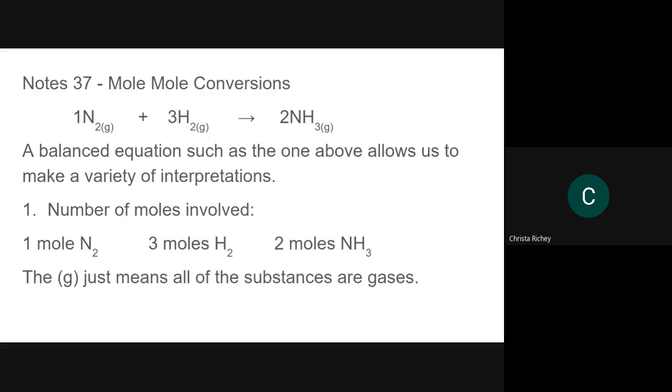But these coefficients should be whole numbers. We don't use fractions, we don't use decimals, they're all complete whole numbers. Next page up here.